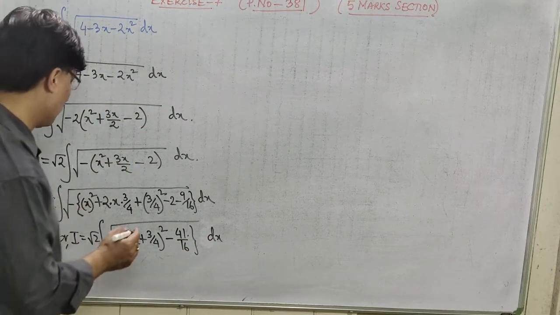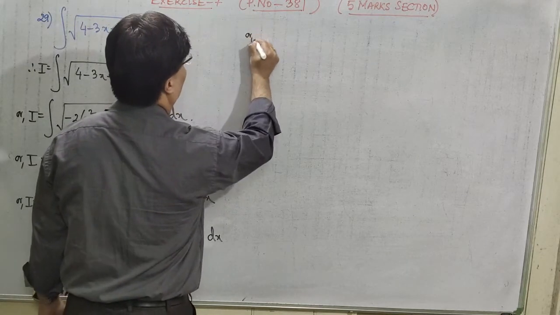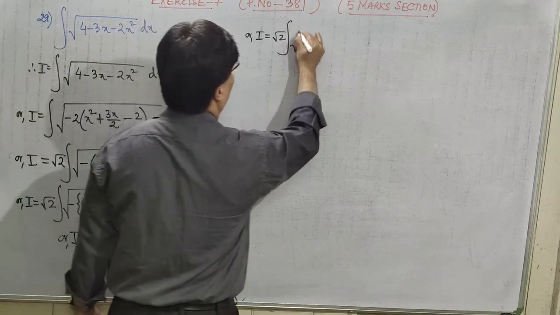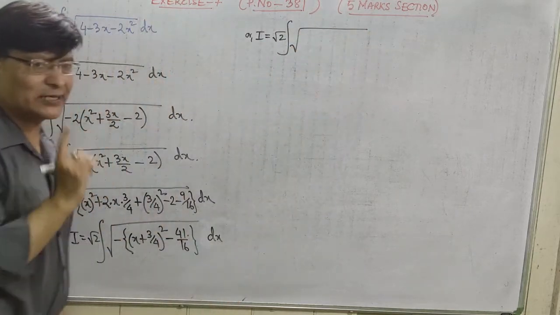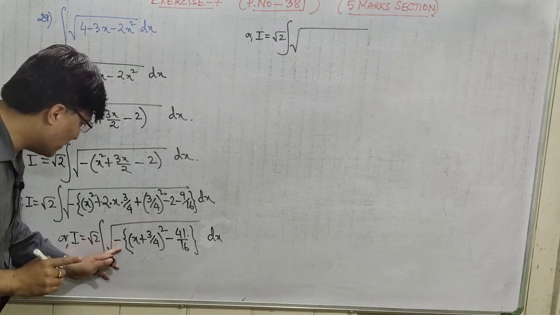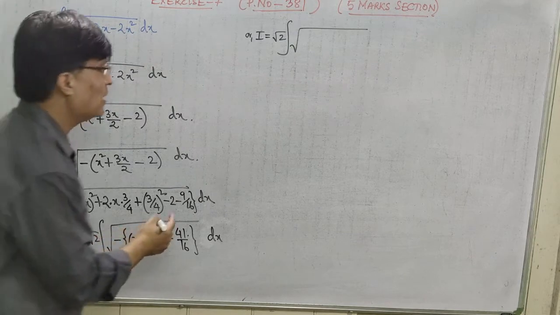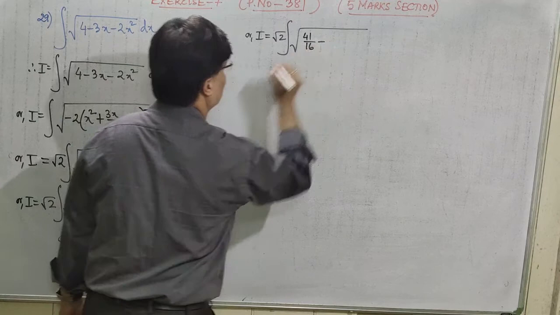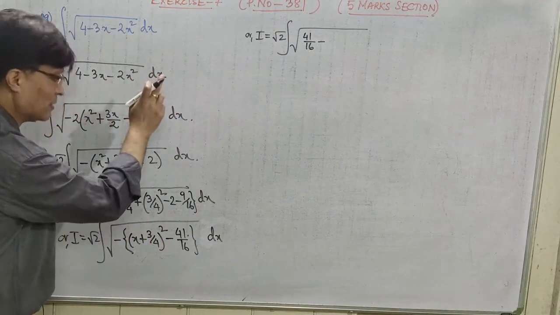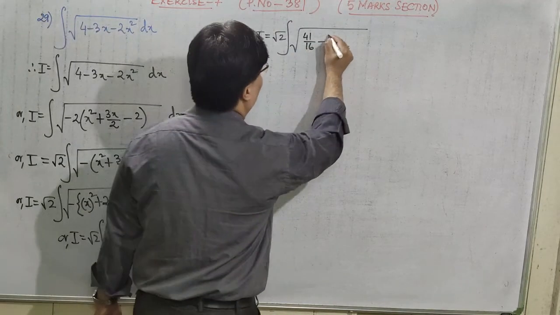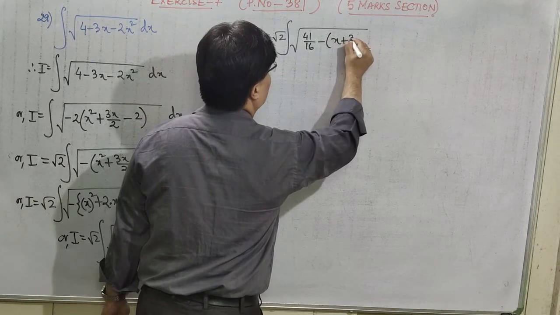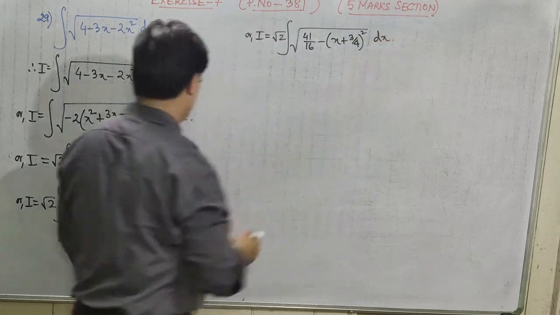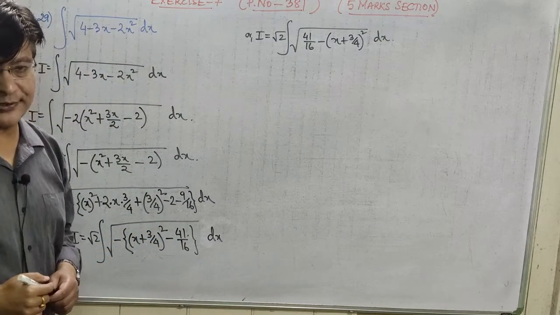Okay, so let us multiply by minus sign here. Or I is equal to root 2 integration of square root. Minus into minus plus. Let us write plus 41 by 16 first. Then comes minus. Minus into plus minus. So it is x plus 3 by 4 whole square. Then outside the square root there is dx.